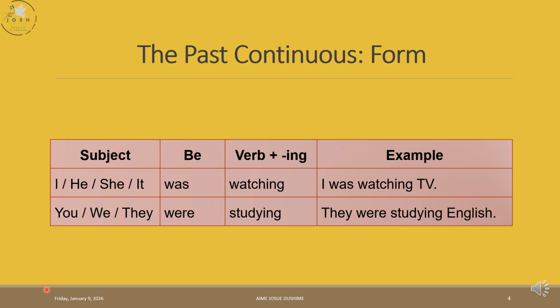Let me try to write it down here. Simply let me find a black marker.